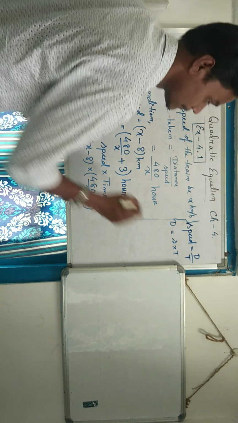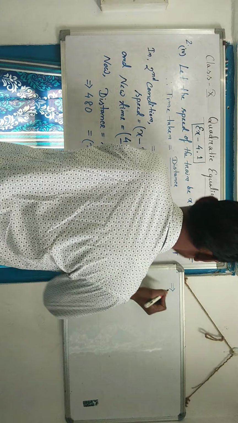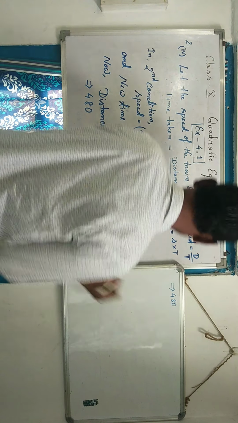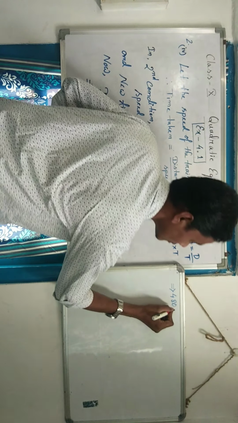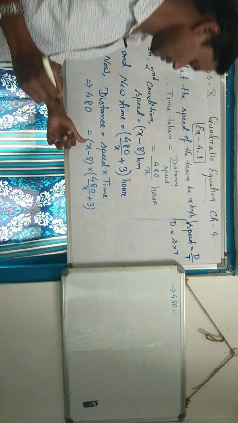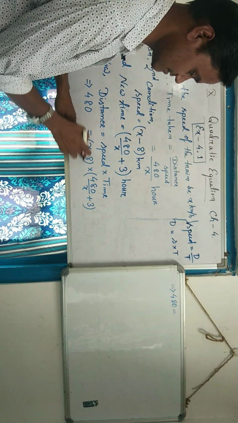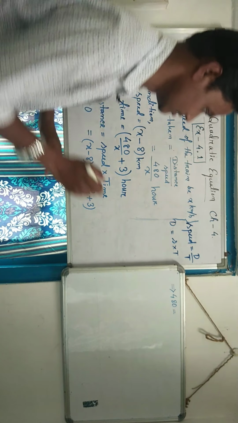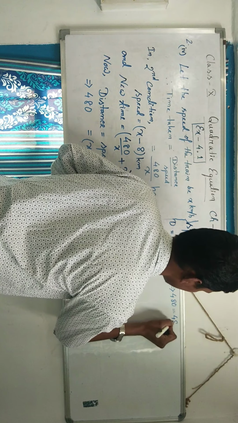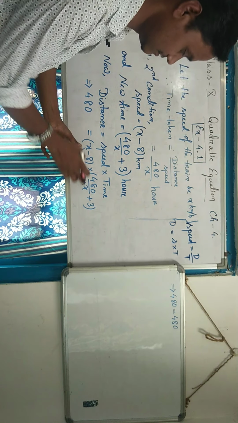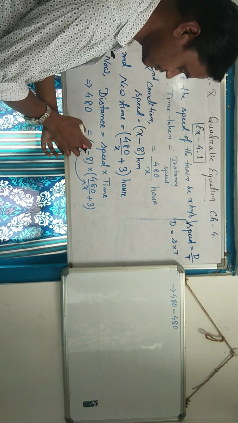So that will be 480 is equal to x into 480 by x. x and x will get cancelled, only 480.